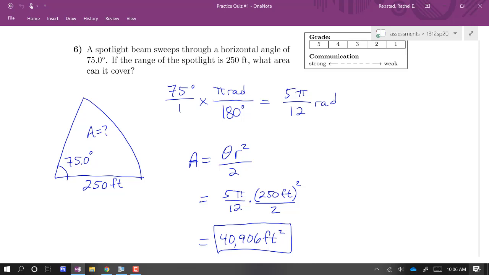Then they gave us the radius, so we plug in the radius. Here's our angle. And then we just calculate it. Radians, remember, are dimensionless. So we just get the units of feet squared and no radians in our answer. Does that make sense? Is there a piece of this that is confusing, or how we interpret the information given?